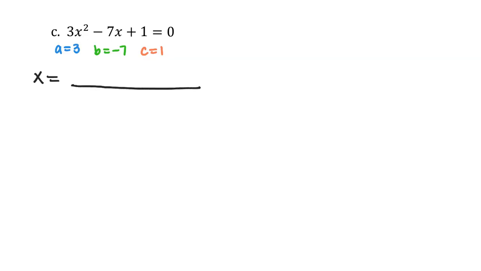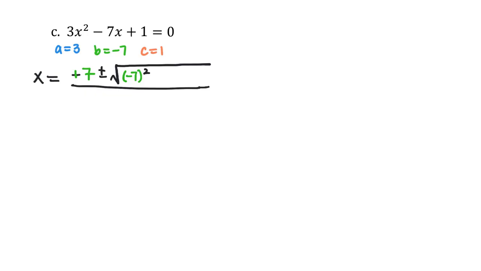Let me make the big fraction sign. So it starts with -b. Well, b is -7. So if I do -(-7), it's actually going to switch it to +7. Plus or minus the square root. Inside the radical, we have b squared.